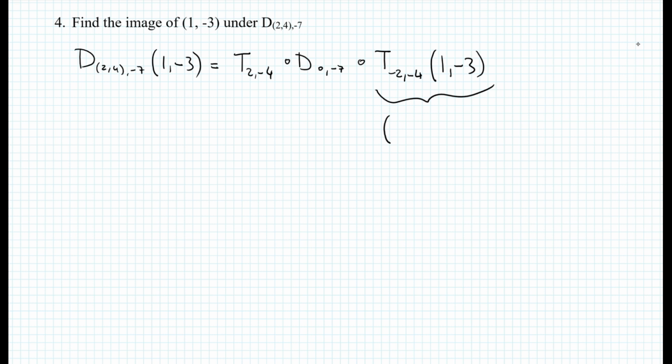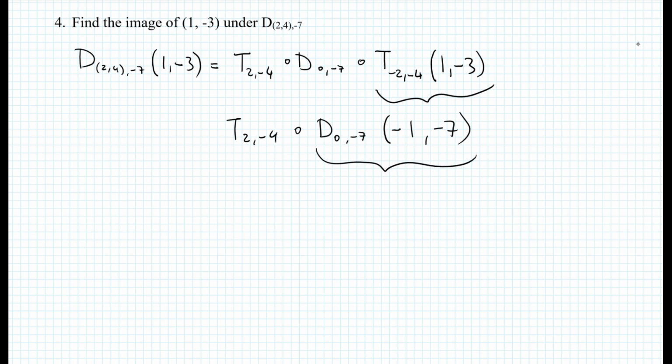So basically you do 1 minus 2, and you end up with -1, and then -3 minus 4 is -7. So now we got it back to the origin, and we want to dilate that point by a factor of -7, followed by that translation here. So let me write that in because it's a composition of transformations.